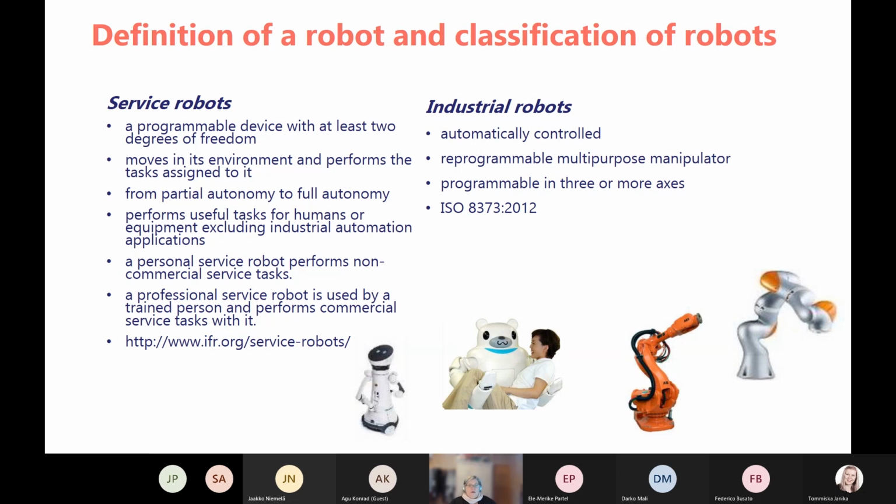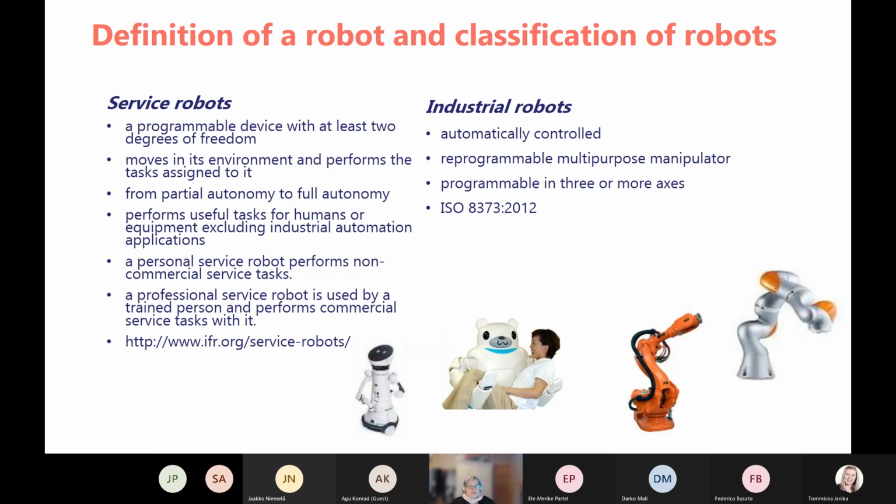According to the ISO 8373 standard, robots require a degree of autonomy, which is the ability to perform intended tasks based on current state and sensing without human intervention.